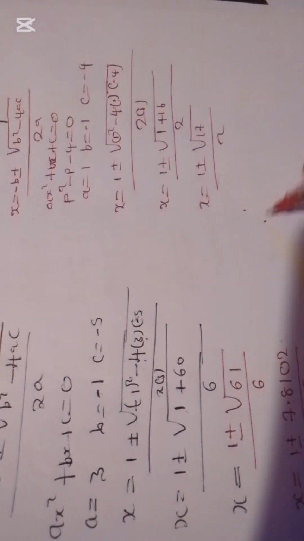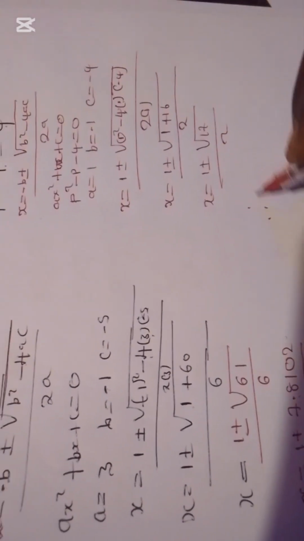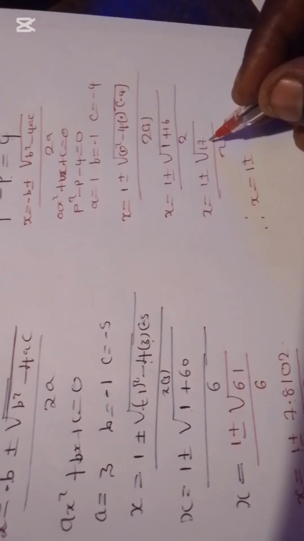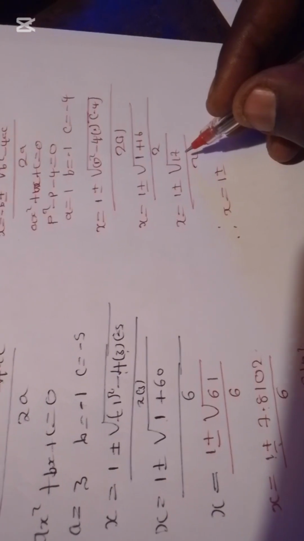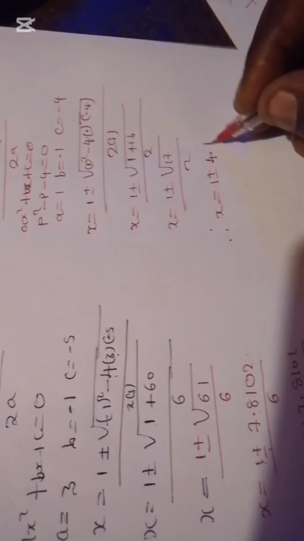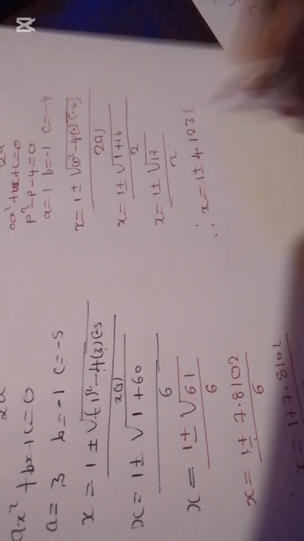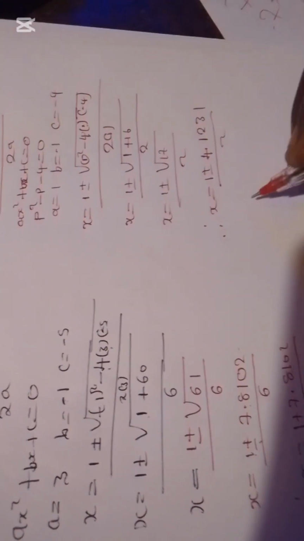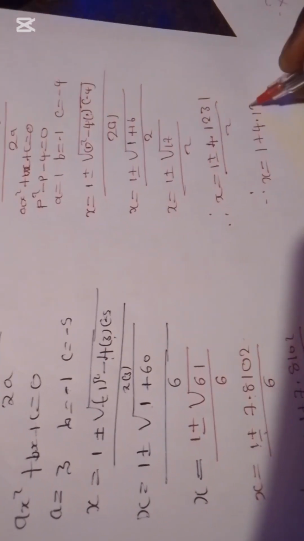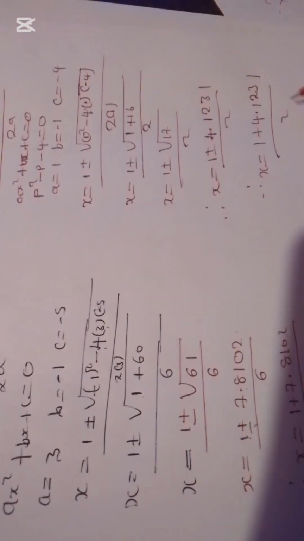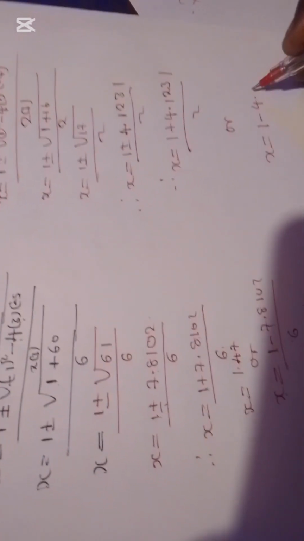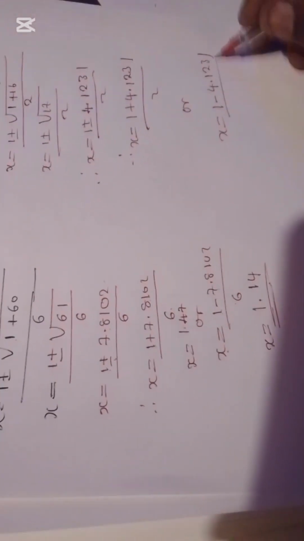From that, we find the square root. So x equals 1, positive or negative, the square root of 17, which is 4.1231, over 2. Then x will be equal to 1 plus 4.1231 over 2, or x equals 1 minus 4.1231 over 2.